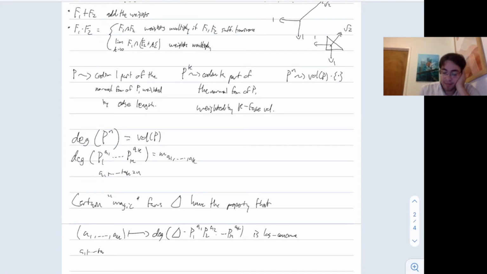And now I guess these numbers have to add up to the codimension of this fan so that this actually becomes a correct degree product. Okay, so certain fans are magic.